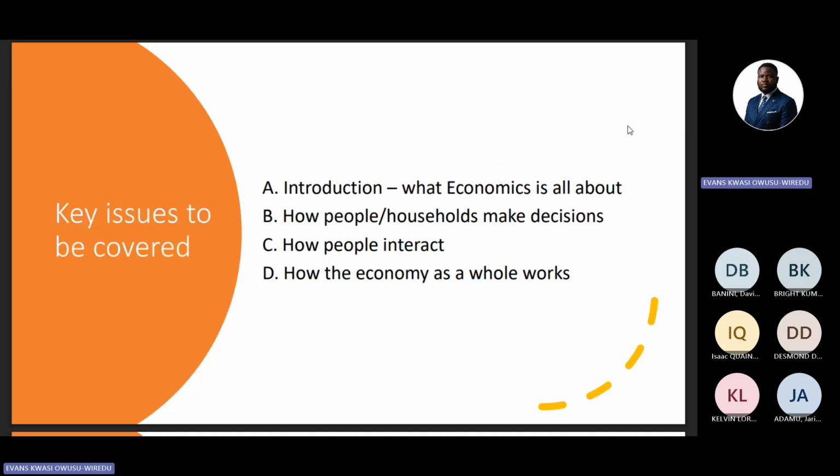The key issues we are going to cover is what economics is about. Economics, what is it at all about? When we say economics, I'm going to address the class as if we are all new to economics and then ensure that I tailor down very technical stuff, right?